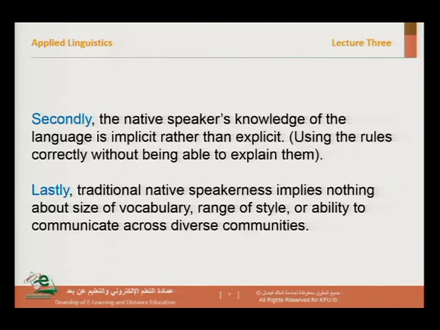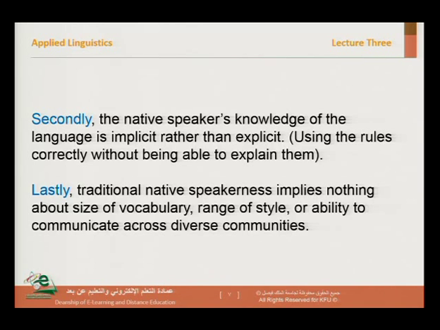Lastly, traditional native speakerness implies nothing about size of vocabulary, range of style, or ability to communicate across diverse communities. Does it say that, in order to be a native speaker, you have got to learn 5,000 words, 6,000 words, 7,000 words?